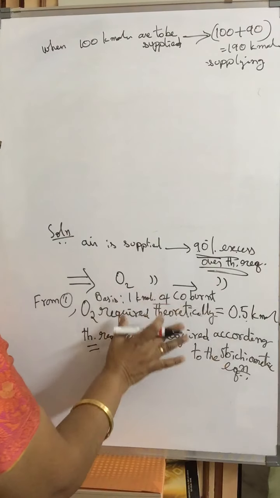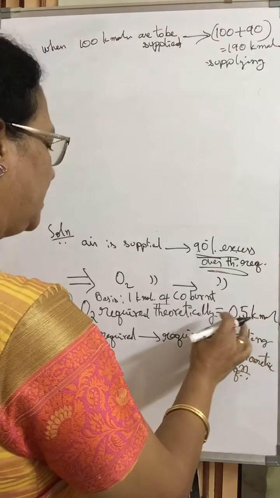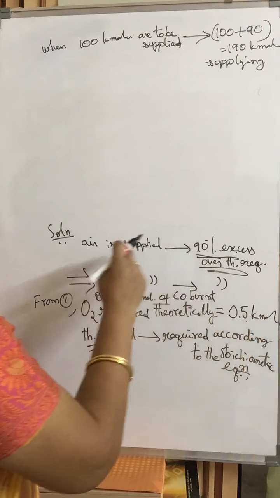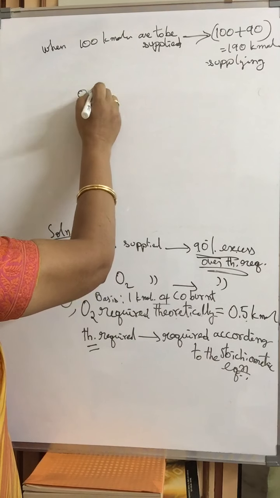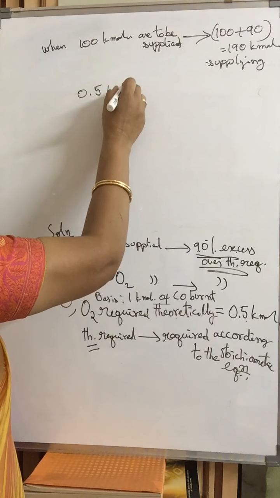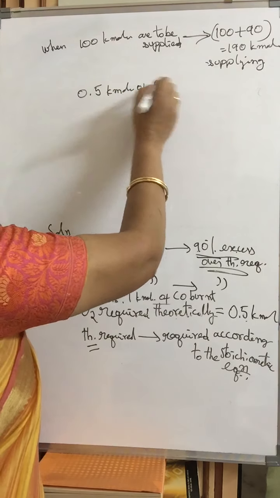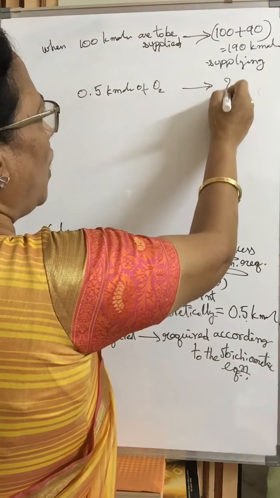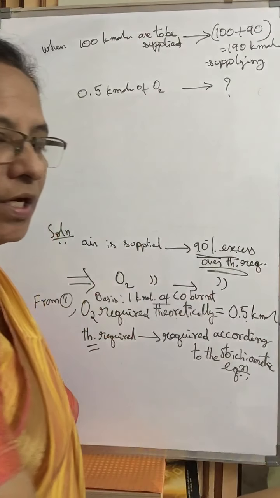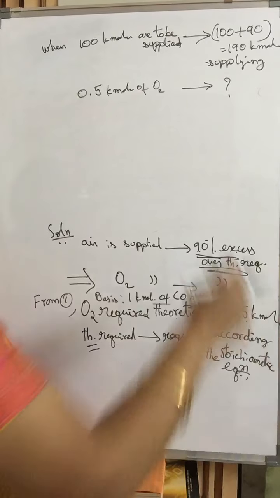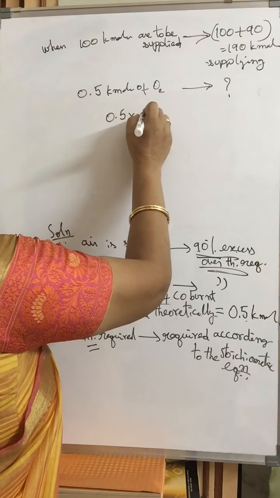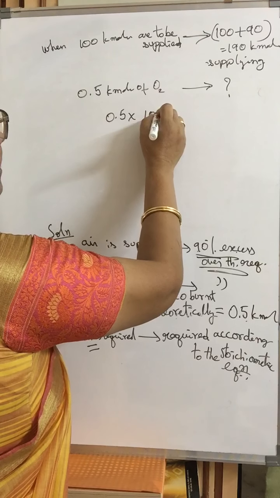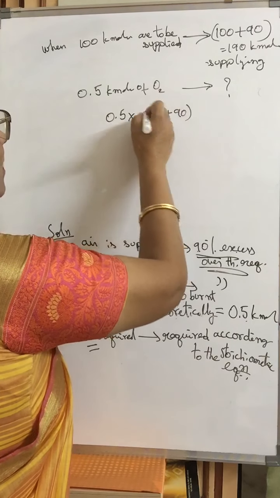Here in this example, how many moles are to be supplied? Theoretically required is 0.5 only. So 0.5 kilomoles of oxygen is to be supplied, meaning how much do we actually need to supply? This is 0.5 into (100 plus 90) by 100, isn't it?